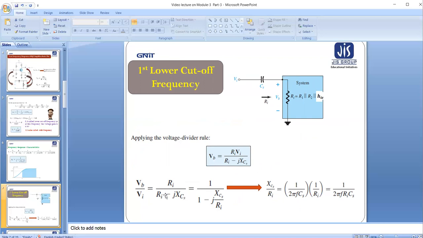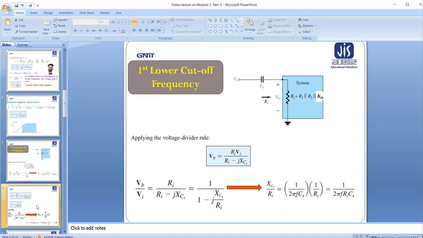After reorganizing this equation, VB by Vi equals 1 by 1 minus jXCS by Ri, where XCS by Ri can be written as 1 by 2 pi FCS into 1 by Ri. So it becomes 1 by 2 pi F Ri CS.